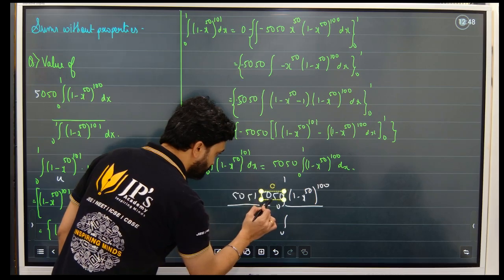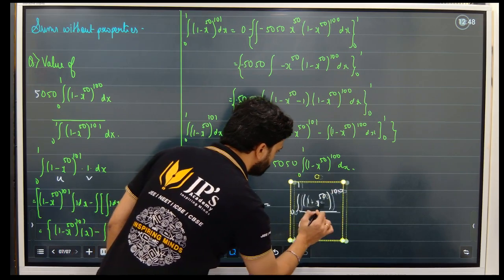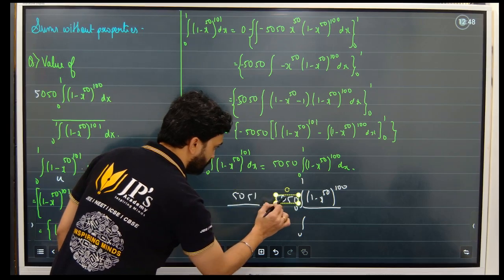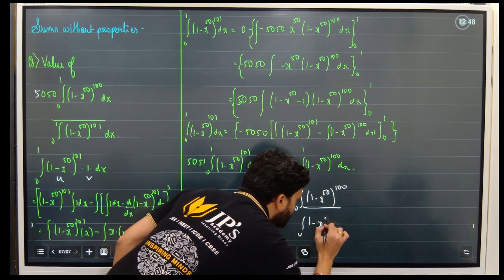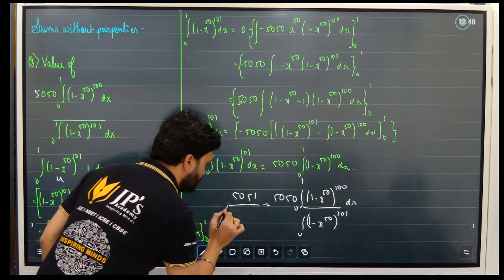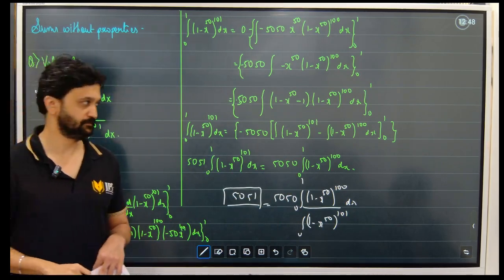Let's take 5050 on the left hand side, upon (1 minus x raised to 50) raised to 101 dx. This is my answer. So 5051 is the answer.